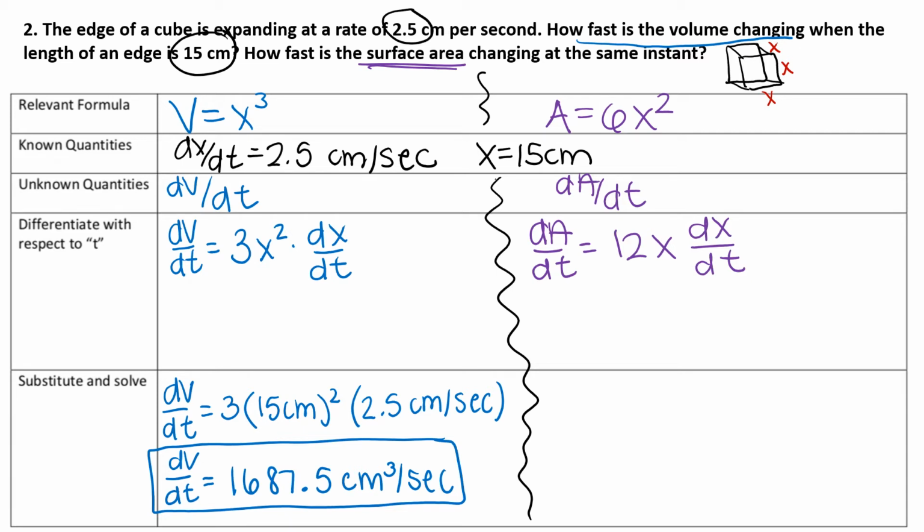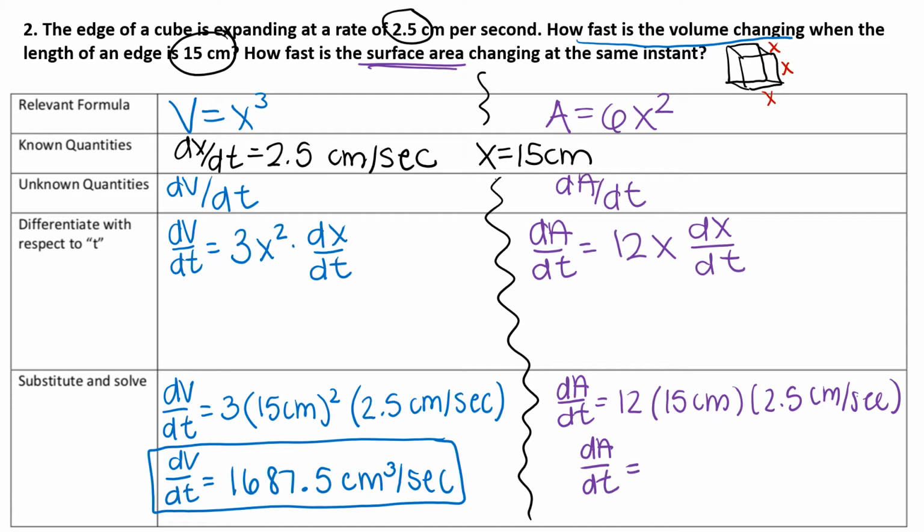Plugging in what we know, dA/dt is equal to 12 times 15 centimeters times 2.5 centimeters per second. So dA/dt is equal to 12 times 15 times 2.5, which gives me 450 centimeters squared per second.